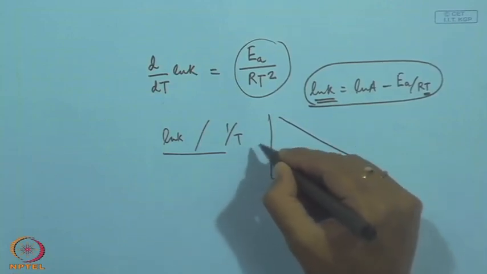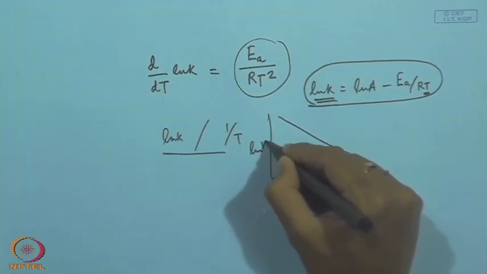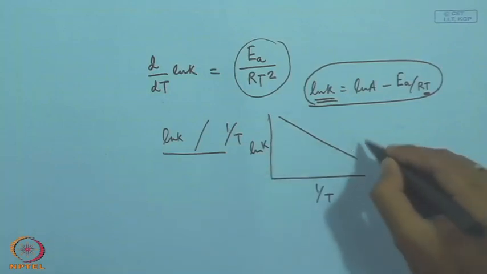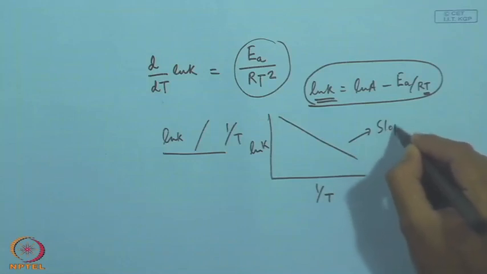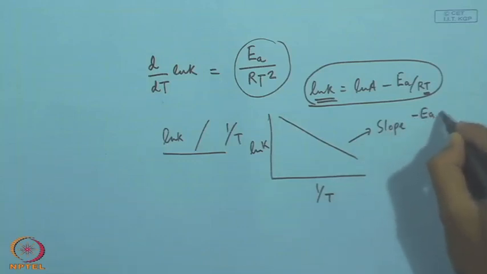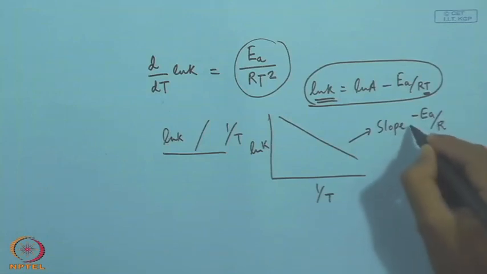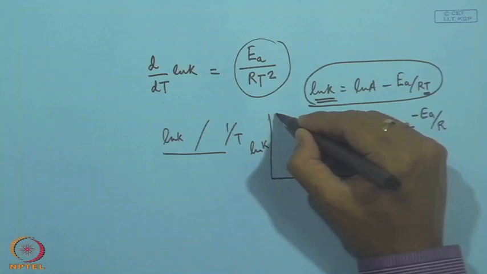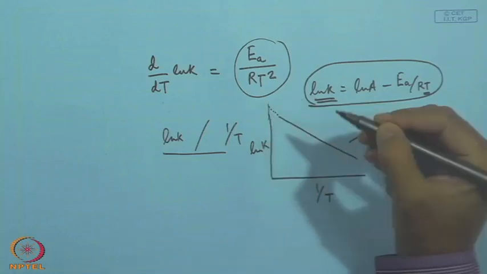On the y axis there will be ln k, on the x axis 1/T. Okay. So, the slope will be minus Ea/R, a negative slope, and this is the intercept.